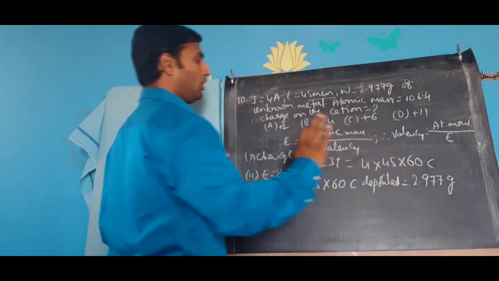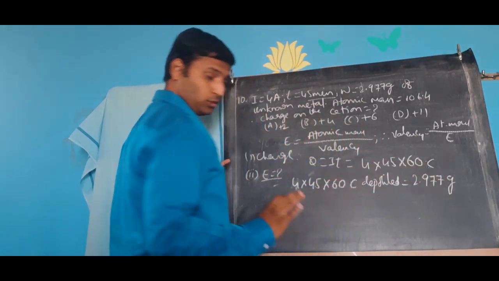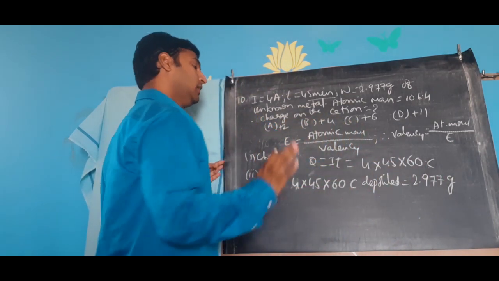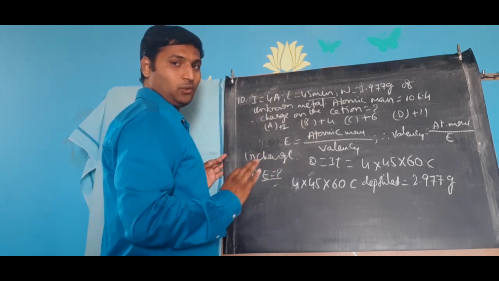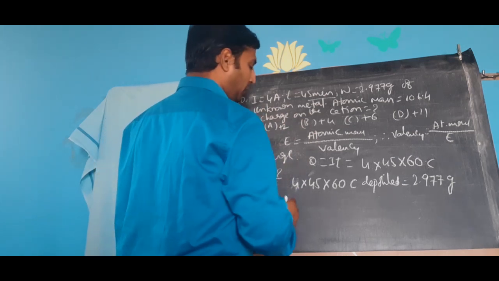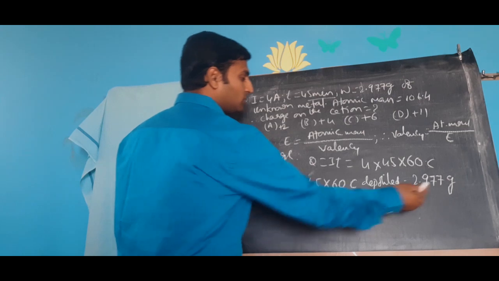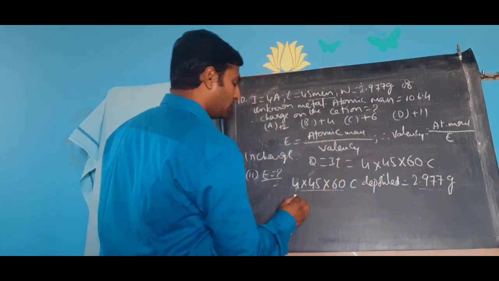See, for all your requirements, happily you can round it off to 3 for entrances. I am just keeping the original value here. During simplification we can do it. So many coulombs deposits so many grams.